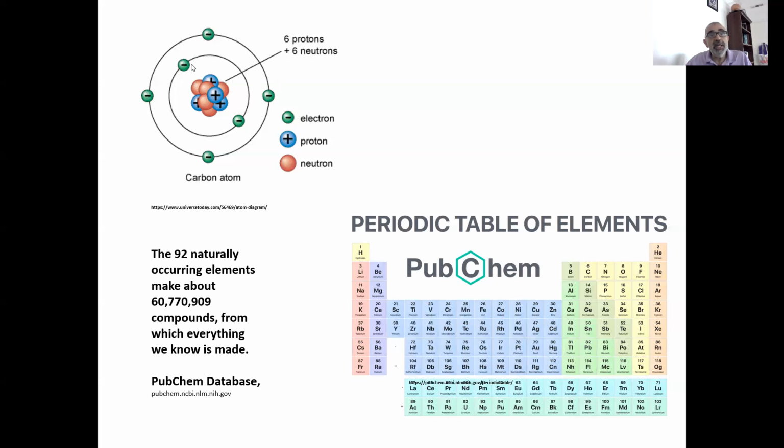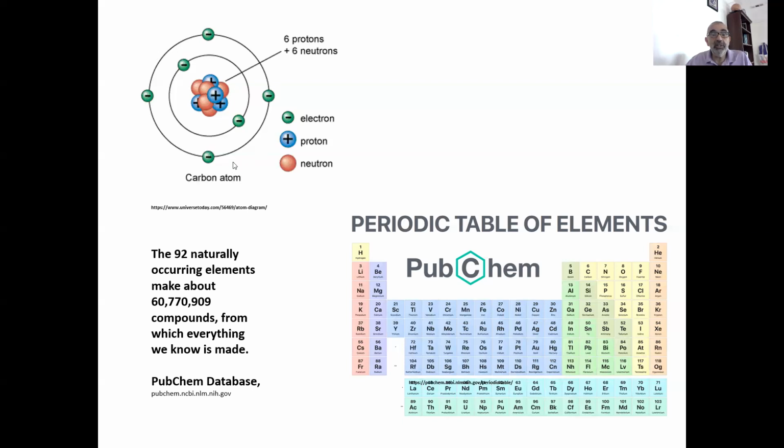When there are 6 protons, there will be 6 electrons because naturally occurring compounds are electrically neutral. So these electrons are arranged in so-called shells, and it is the interaction of the outer electron shell of one element with another that allows chemical bonds and allows complex chemistry and allows all of life as we know it. So we will have a nucleus with electrons.